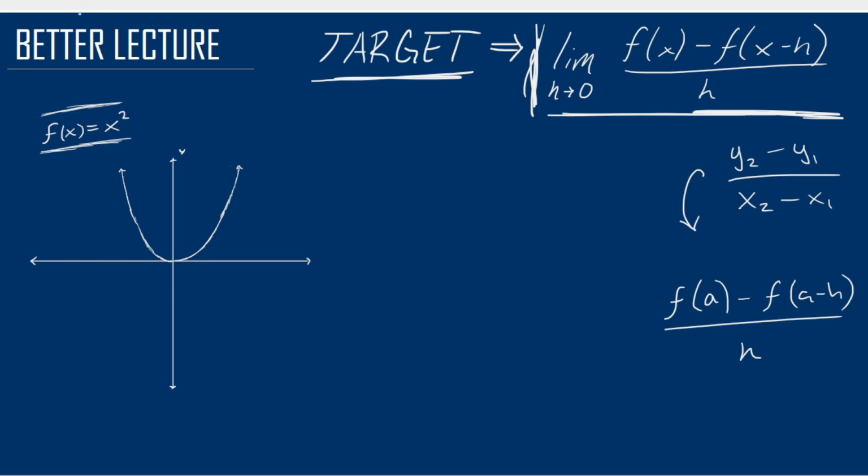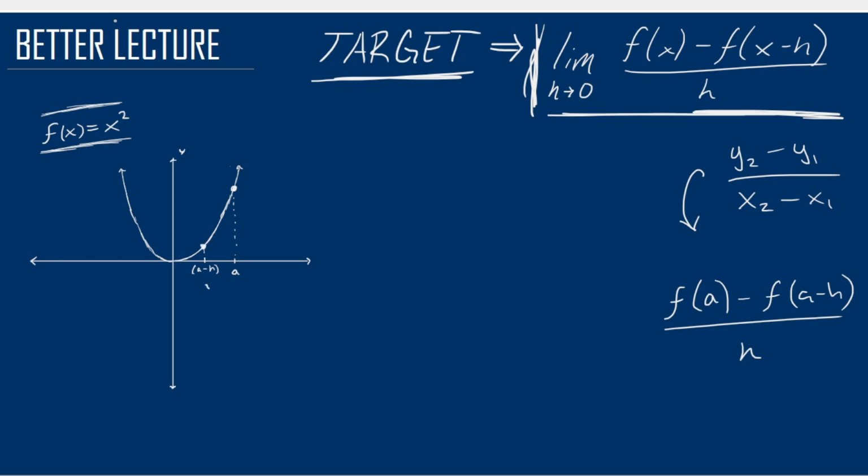So since we're trying to find the slope at a specific point, let's say we have a is here, and it goes up to this point. And then we have our second point, which is a minus some h at this point.